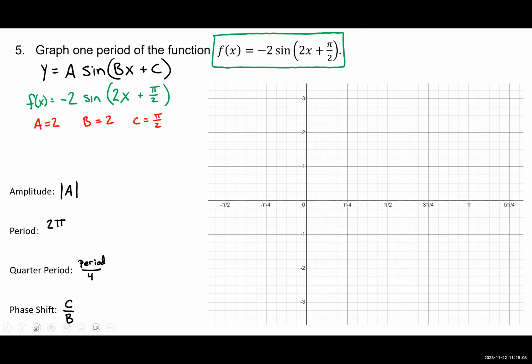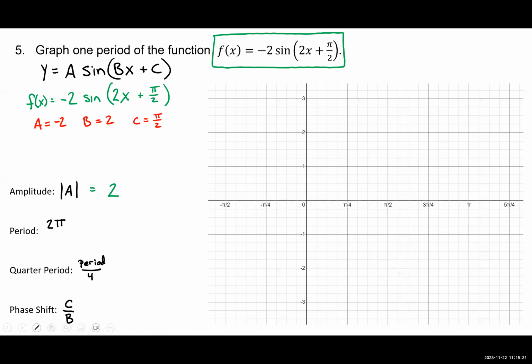Right? Amplitude is the absolute value of a. All right, actually, don't forget the negative sign. A is -2. So the amplitude is the absolute value of a. Absolute value of -2 is 2.